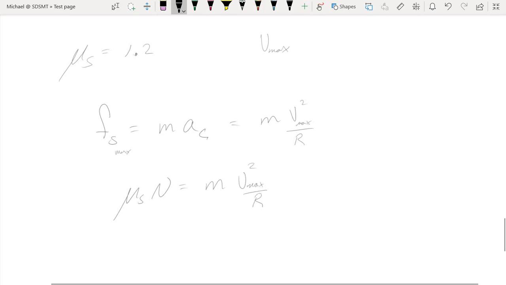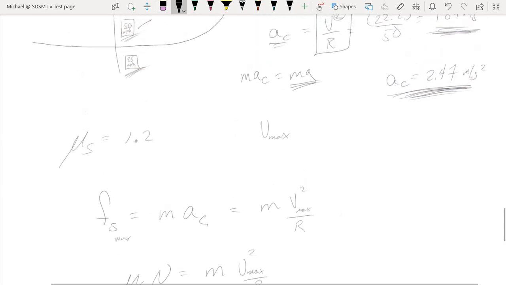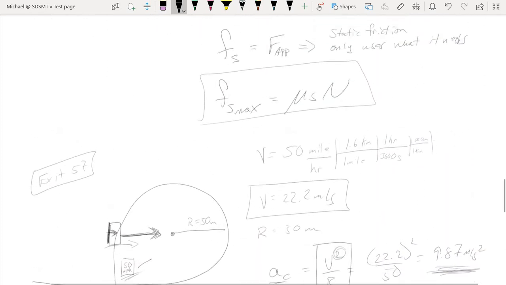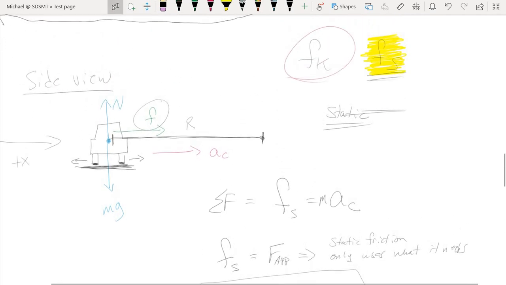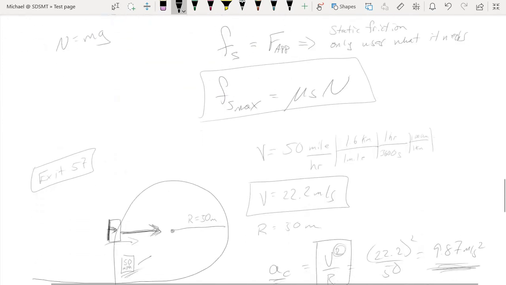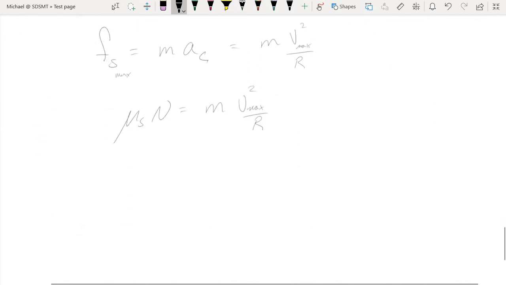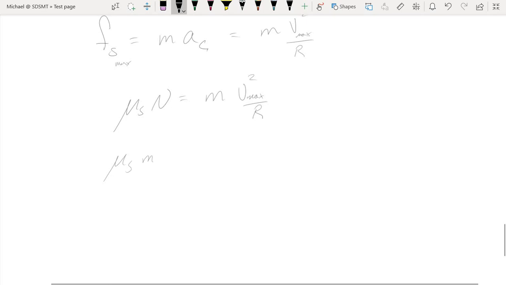But that means I need to know what the normal force is. So we come back up to the side view that we had drawn. The normal force, assuming that the road is flat and horizontal, is just equal to the weight of the car. And now we see that the mass of the car doesn't matter.